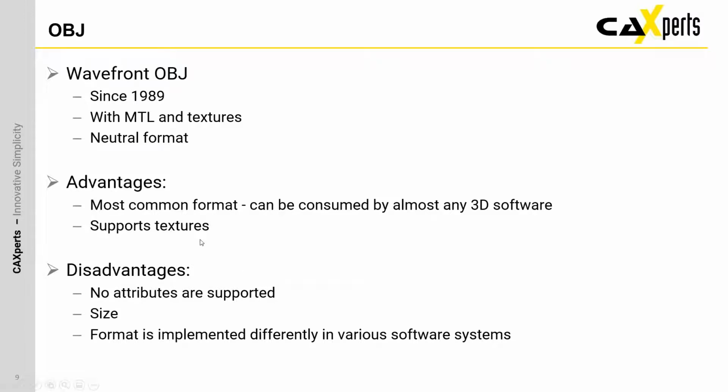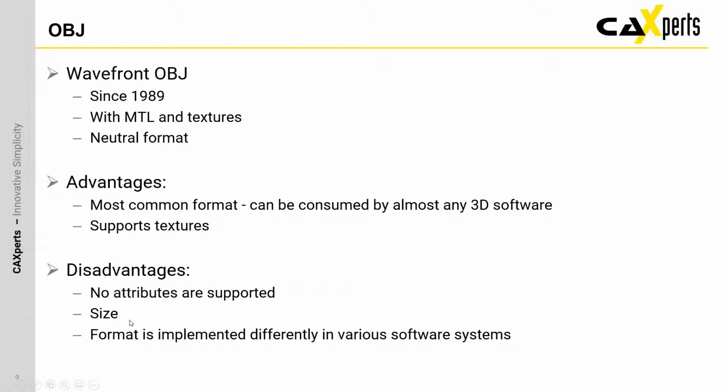But if there are advantages, obviously there are also disadvantages. So the big problem about OBJ is that there is no real attribute support or property support, even though objects can have a name, but there are no additional properties like having a pipeline system or whatever. So this is one of the disadvantages. Another one is the size.